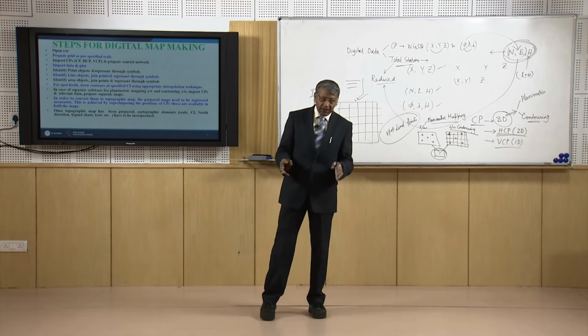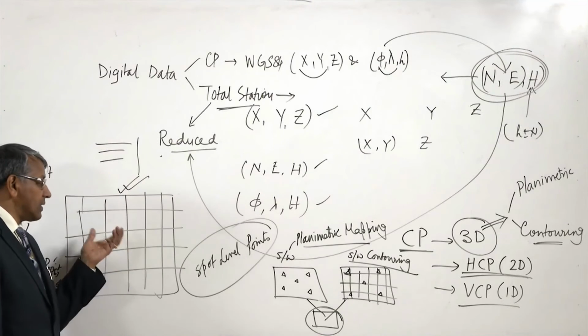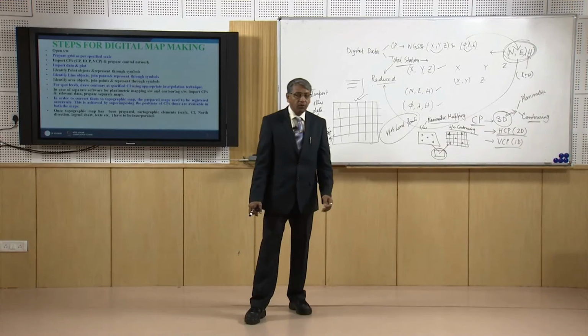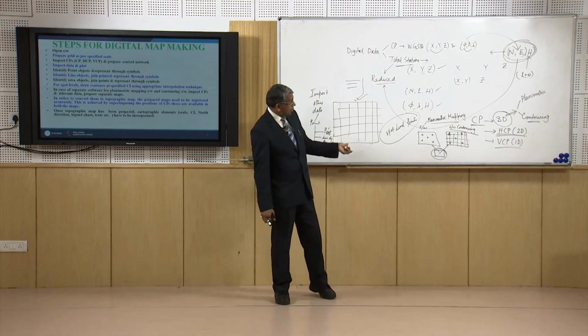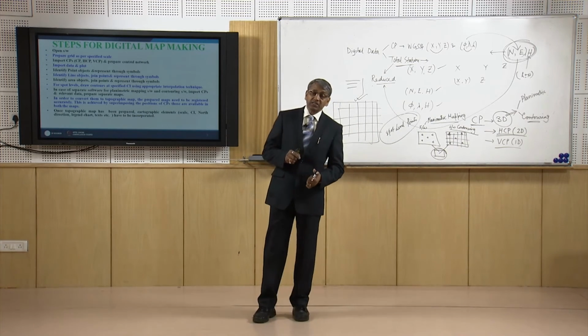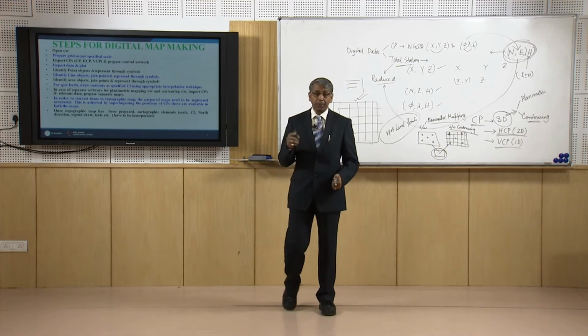We have to identify the reason, take corrective measures accordingly, and generate the map as per the specification required for the purpose, and also see whether our map will serve the purpose for which it is being prepared.